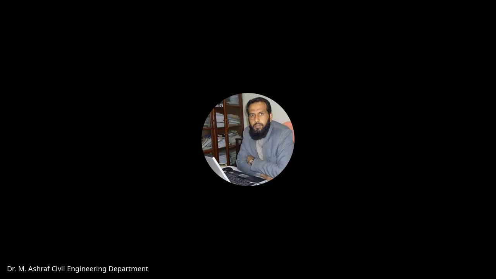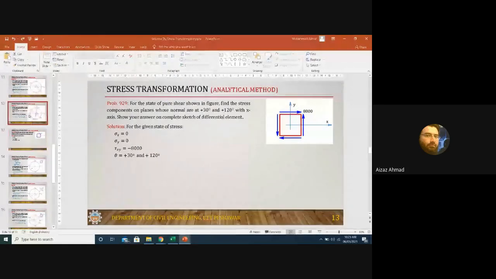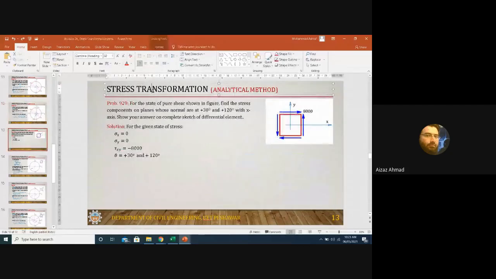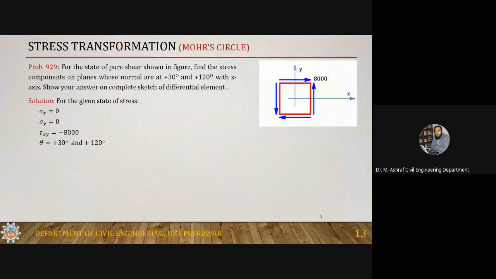For the state of pure shear shown in the figure, find the stress components on planes whose normals are at plus 30 and plus 120 degrees with the x-axis. Show your answer on a complete sketch of the differential element.